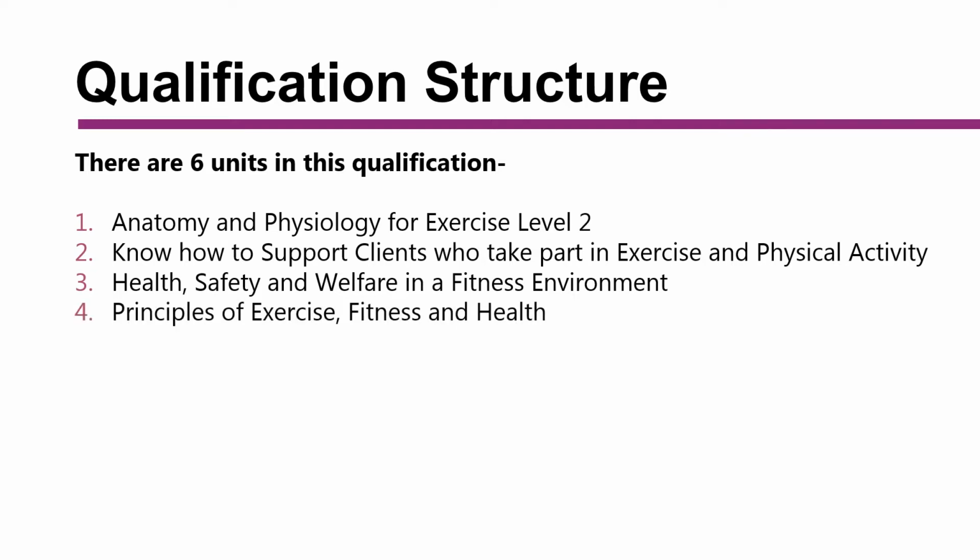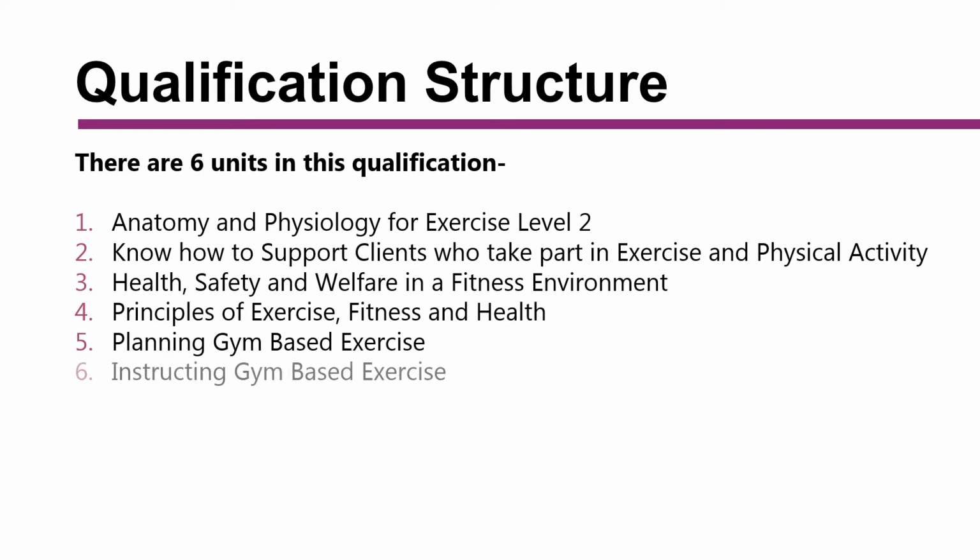Unit 4 is Principles of Exercise, Fitness and Health. Unit 5 is Planning Gym-Based Exercise. And Unit 6 is Instructing Gym-Based Exercise. The guided learning hours linked to this qualification are 157 and the notional learning hours are 230.